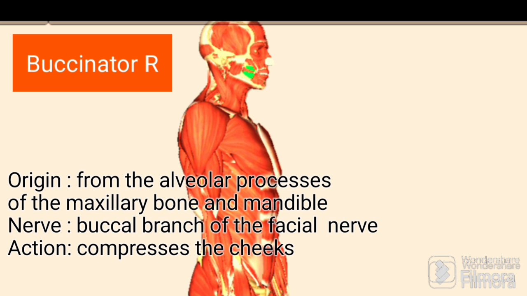Buccinator is located between the mandible and maxilla, deep to the other muscles of the face. Attachment: it originates from the maxilla and mandible. The fibers run in an anteromedial direction, blending with the orbicularis oris and the skin of the lips. Its action: the buccinator pulls the cheek inwards against the teeth, preventing accumulation of food in that area.